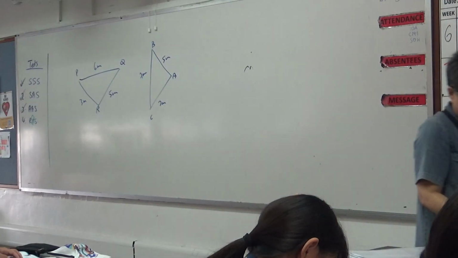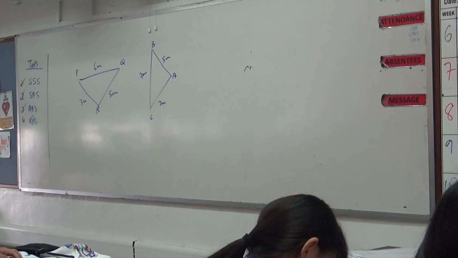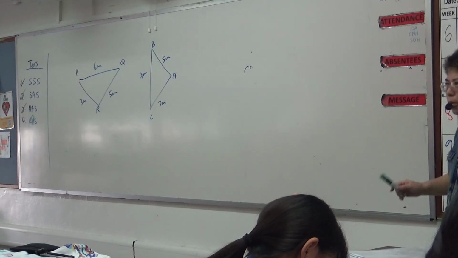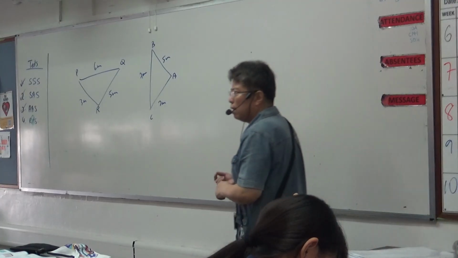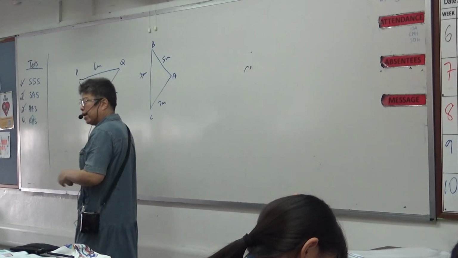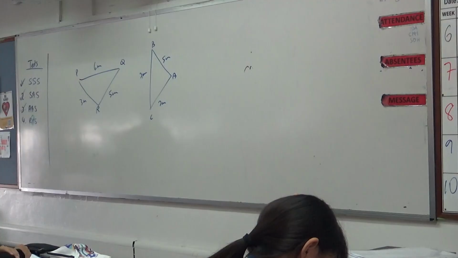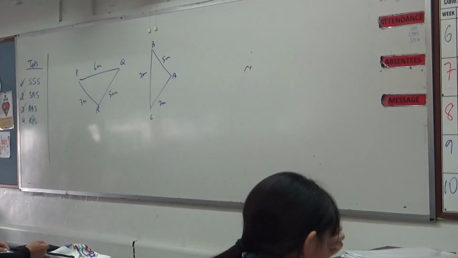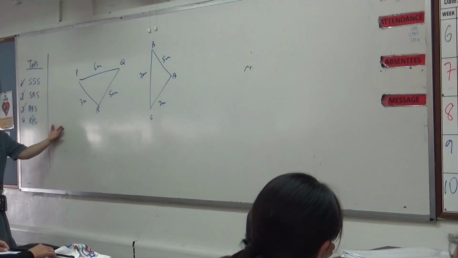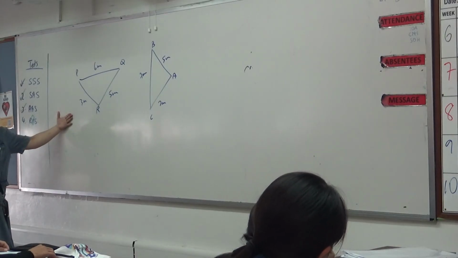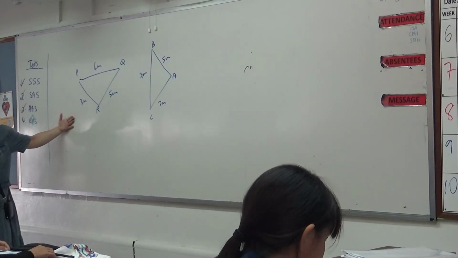Now, actually, this one we don't even need to do anything. By looking at it, we can already tell that it's not congruent. How come I know it's not congruent? Can you see that the SSS cannot be fulfilled? And they didn't give you any angle some more.